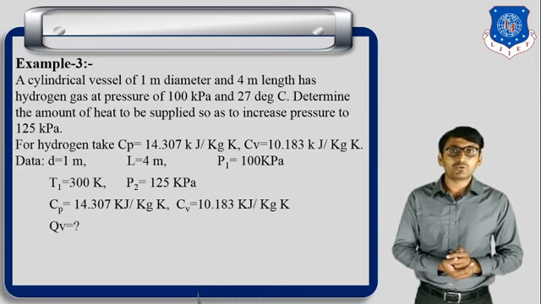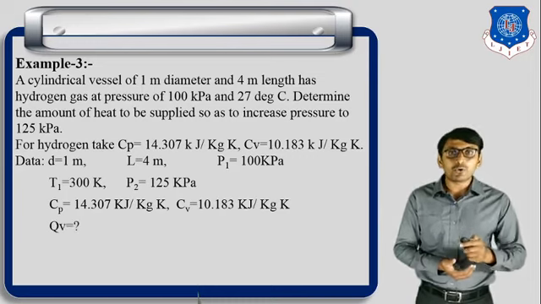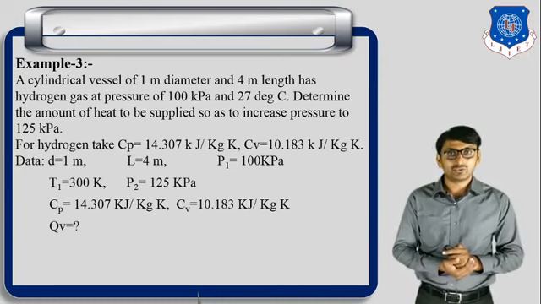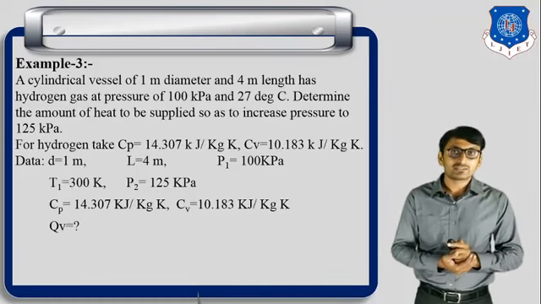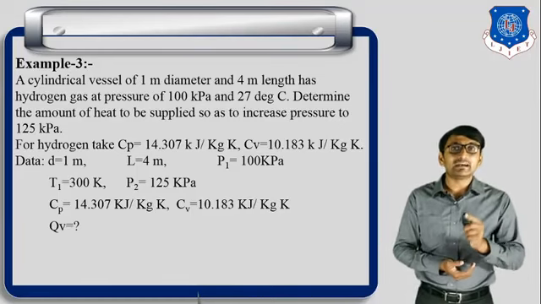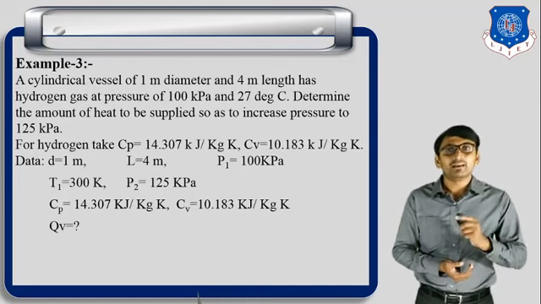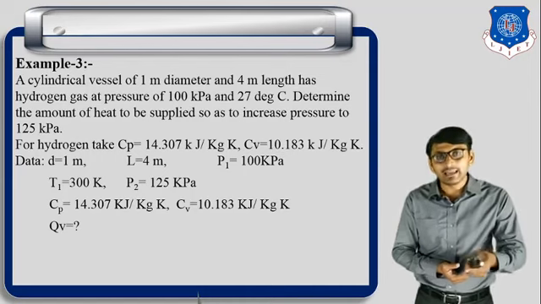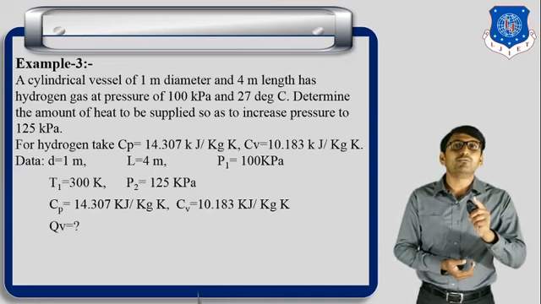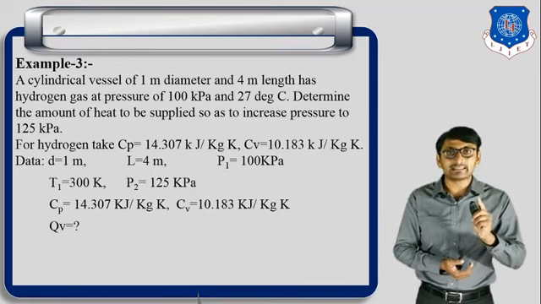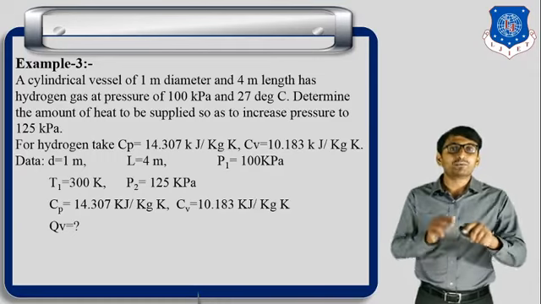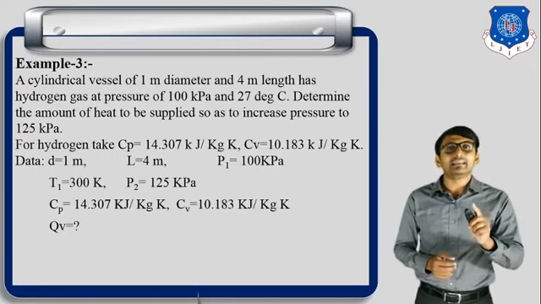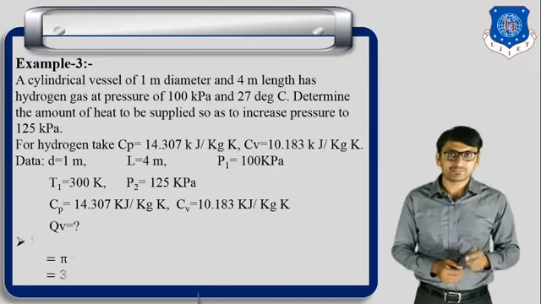So we have to find out amount of heat supply. So that is Q, and V denotes constant volume process. So Qv, that is amount of heat supply in constant volume process. This is example of constant volume because volume of cylindrical vessel remains constant.